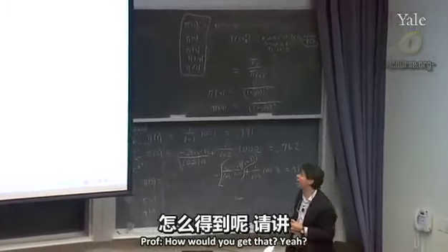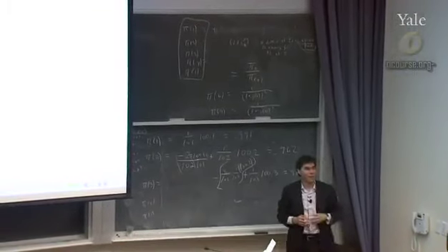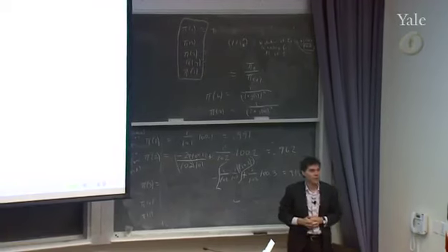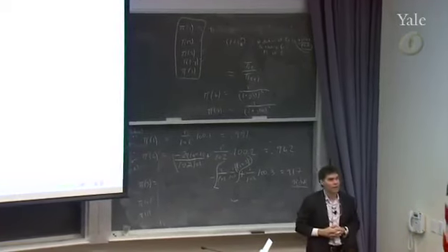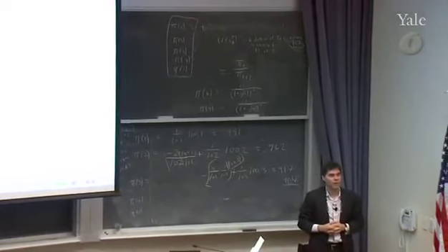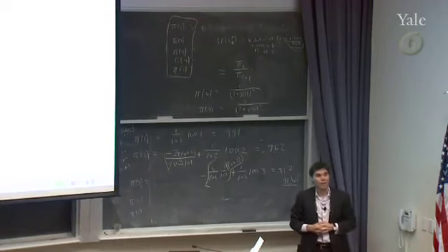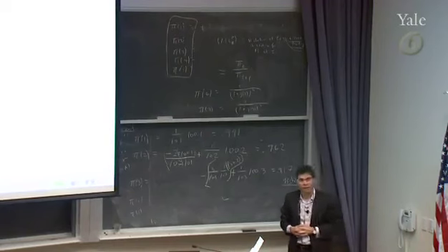And how would you get that? Discount by the forward rates, a bunch of different forward rates as your discounting factors, and then each cash flow would have one less forward rate.